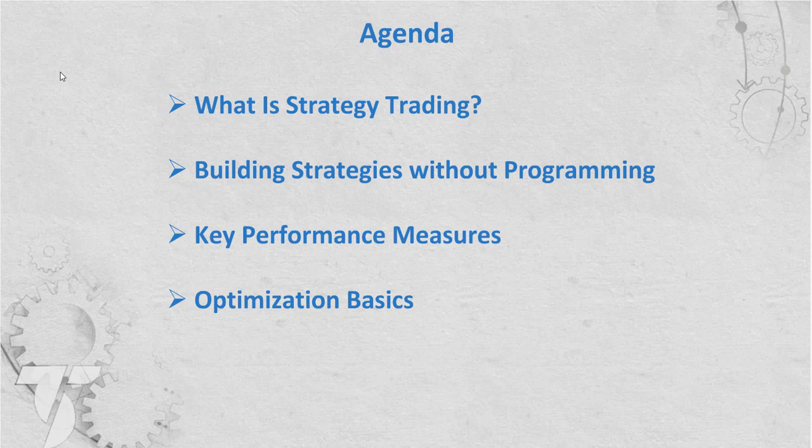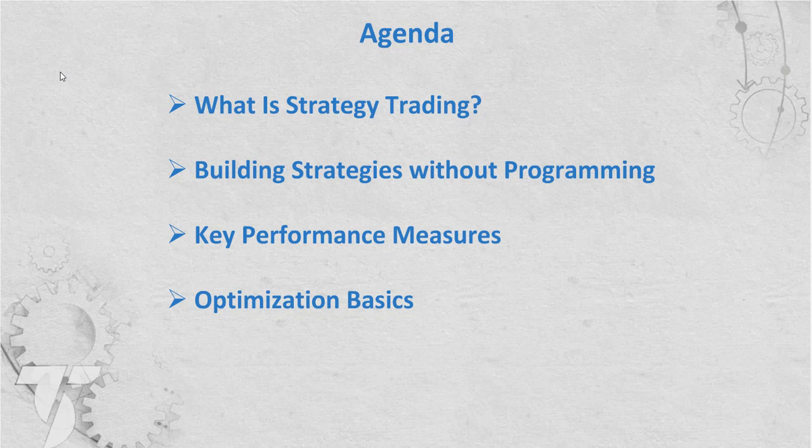Today we're going to take that same concept, but we're going to simplify it a little bit by using the built-in strategy components that come with TradeStation that allow you to create really elegant strategies without doing any programming at all, just by using the built-in tools. We're also going to look at the strategy performance report. We're going to look at a couple of simple examples that you can do on your own, and we're going to look at the key performance measures inside of the strategy performance report that you need to zero in on.